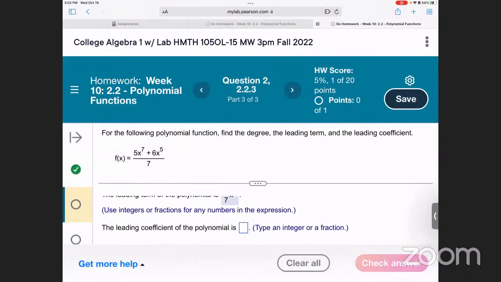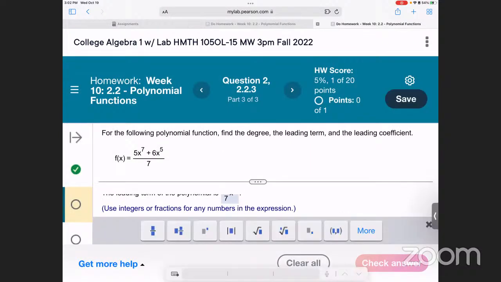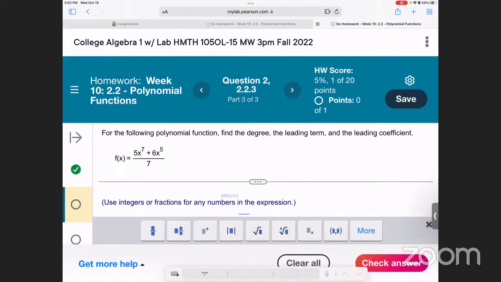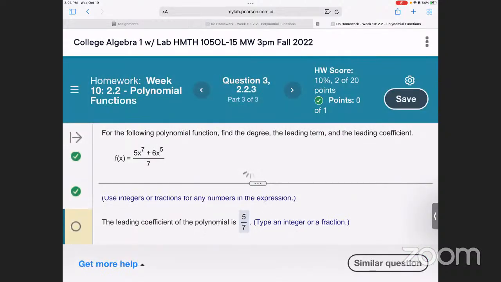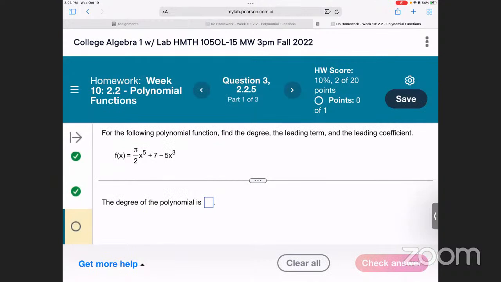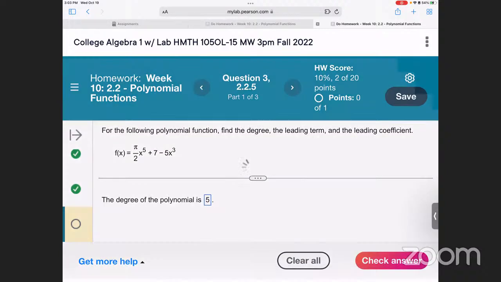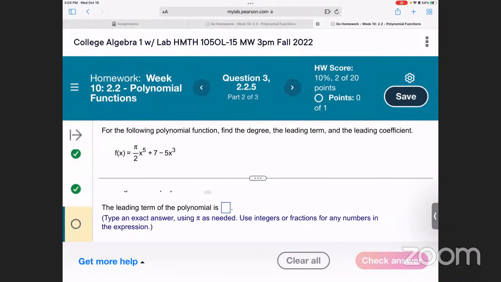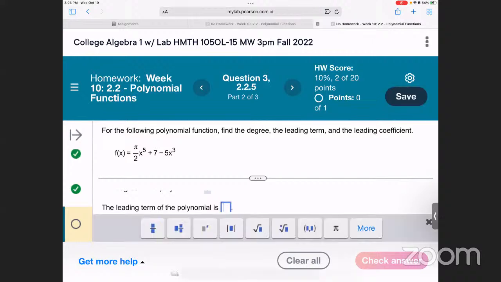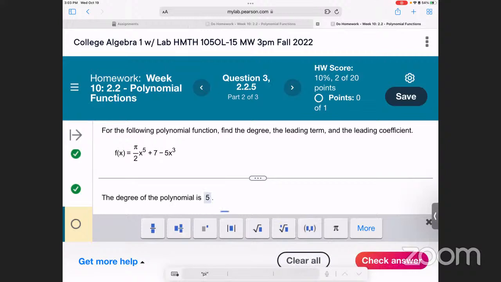The leading coefficient is 5 over 7. For the next one, the degree of this polynomial, the highest power, is 5. The leading term is pi over 2 x to the power of 5.